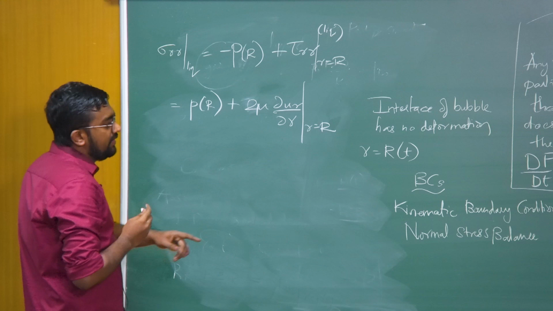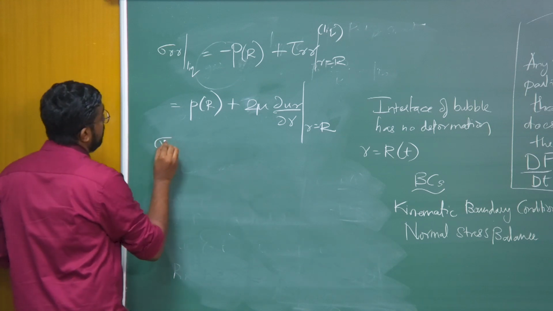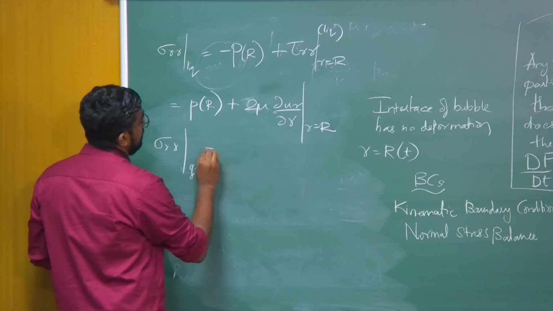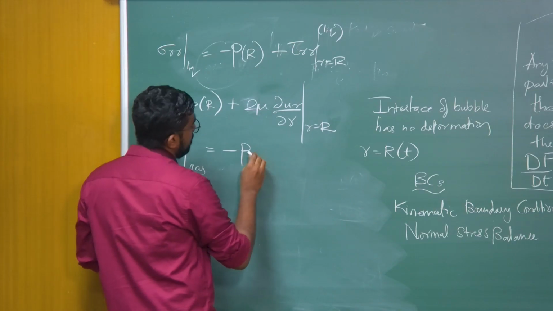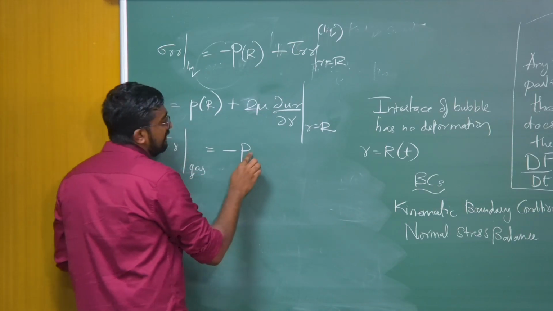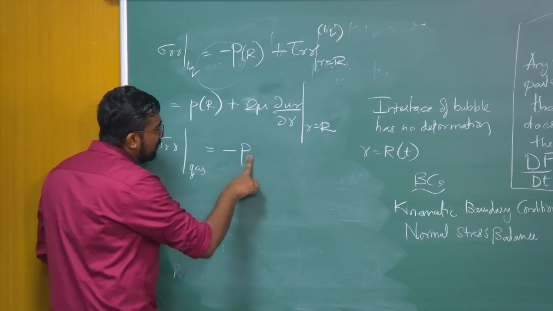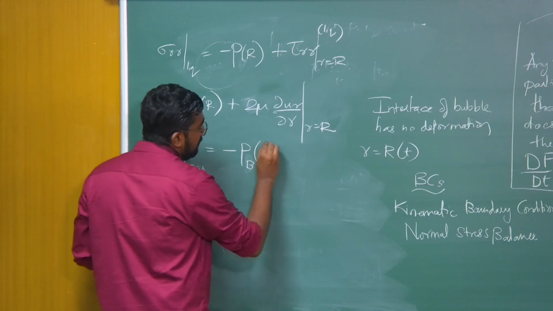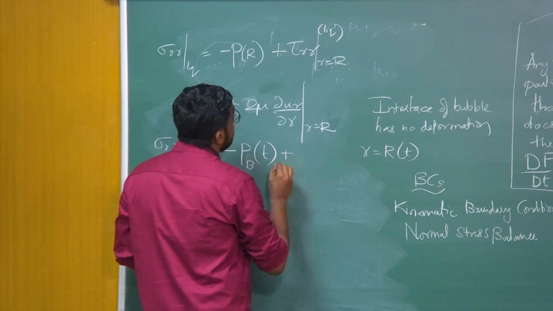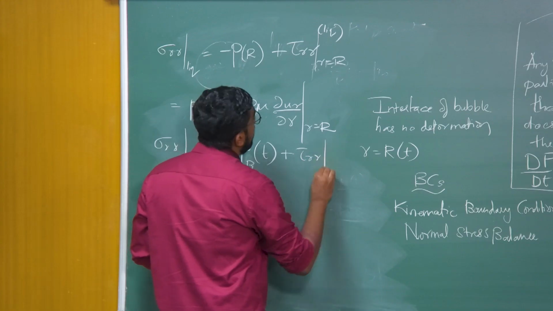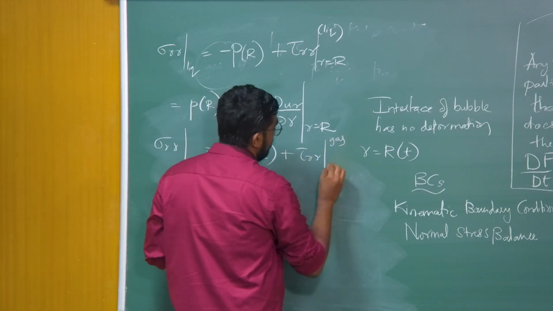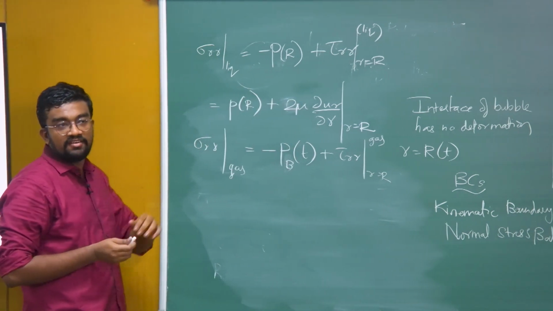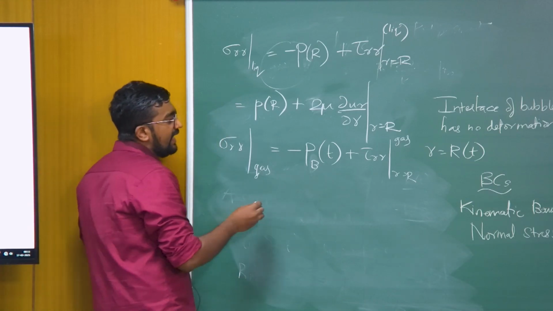Now, coming to the gas side. So, sigma RR on the gas side is given by again the negative of the thermodynamic pressure. Sorry, not PG, PB, inside the bubble, at any given time, plus tau RR for the gas at r equal to capital R. In our assumptions, we assume that the gas is inviscid.